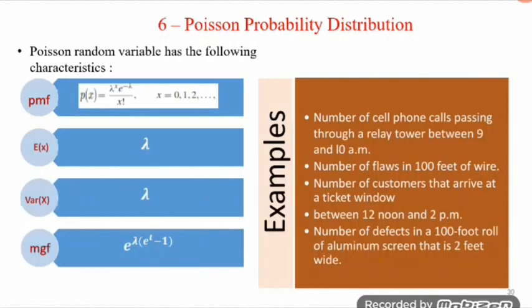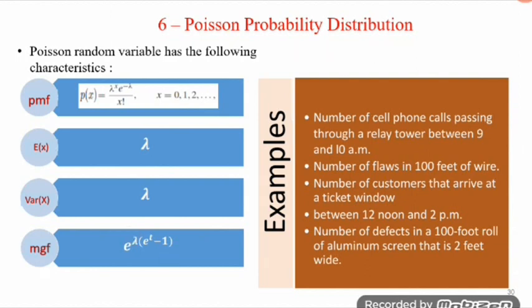To summarize the characteristics of a Poisson random variable, this is the probability mass function given by this formula, the expected value and the variance are equal to the parameter of the distribution, lambda, and the moment generating function is given by this formula.